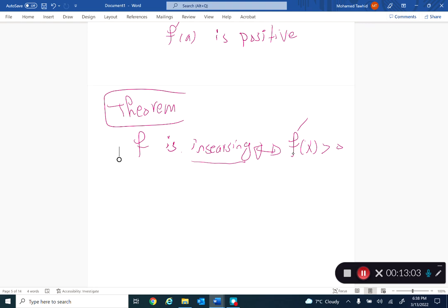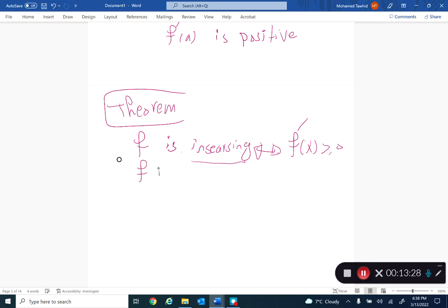But greater than or equal to 0, we simply say it's increasing. It's okay if you say greater than 0. I'm not going to make a fuss. So if I take the derivative and figure out it is greater than 0, then I know f is increasing. So that is if and only if.